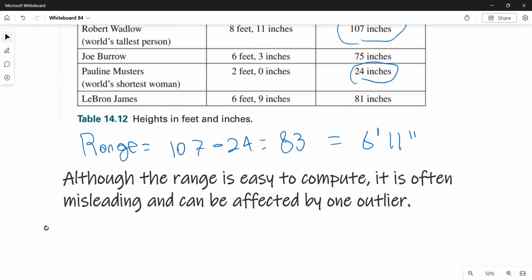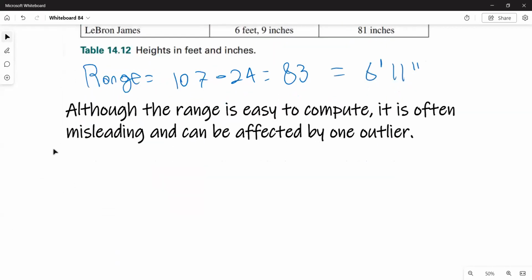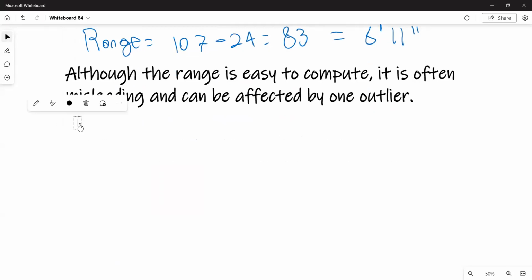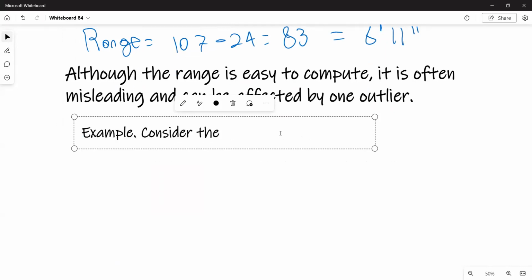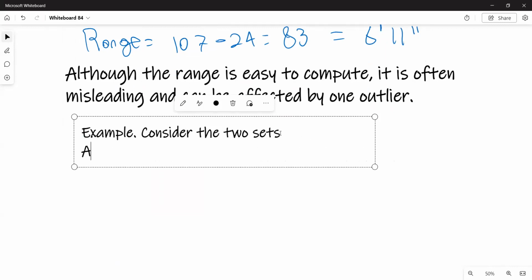Let's take another example. Consider the two sets. Set A has the values 1, 10, 10, 10, and 10.